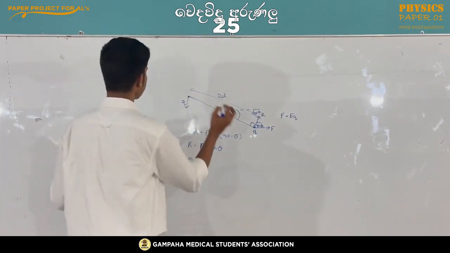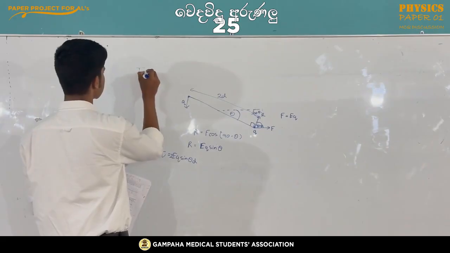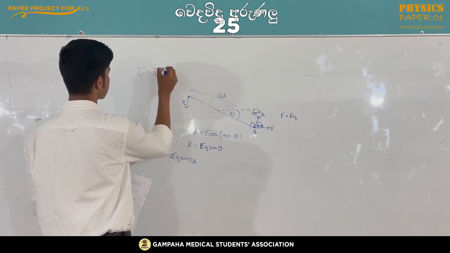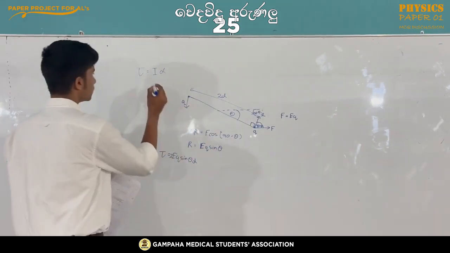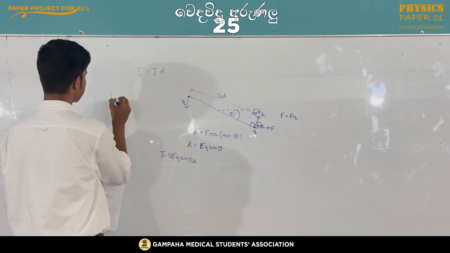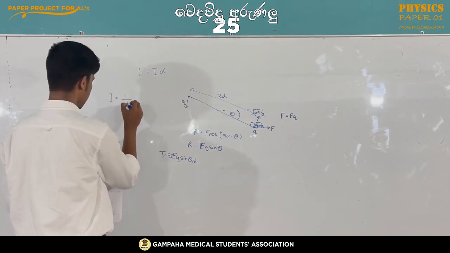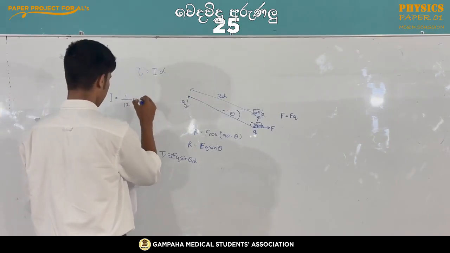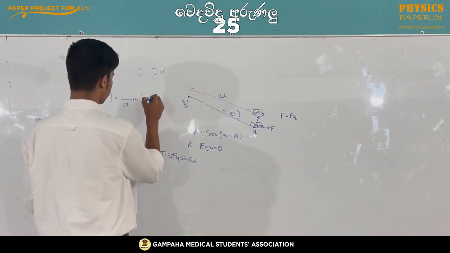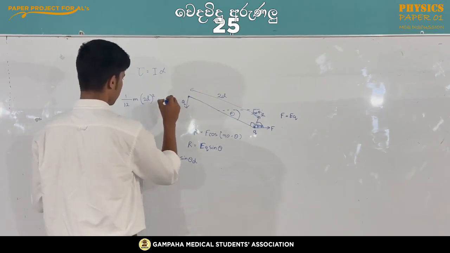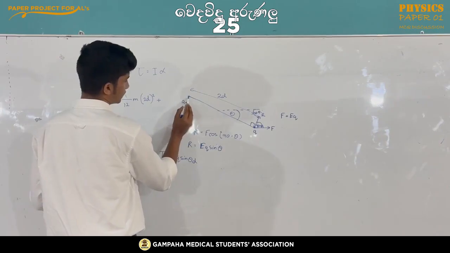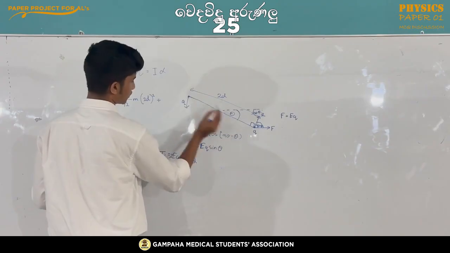Thereafter, when we consider tau equals I alpha, we can get the moment of inertia as 1 over 12 M (2d) squared plus, we have to add the moment of inertia that occurs due to the point charges being present on the two ends.